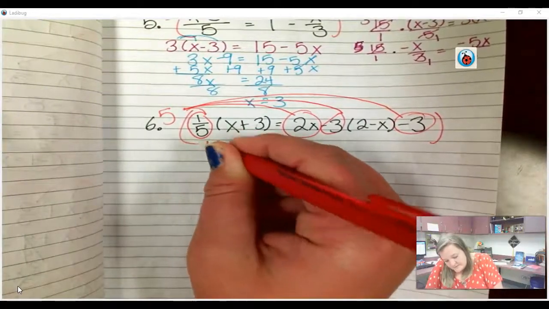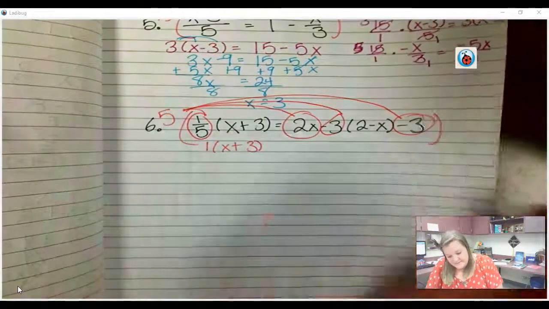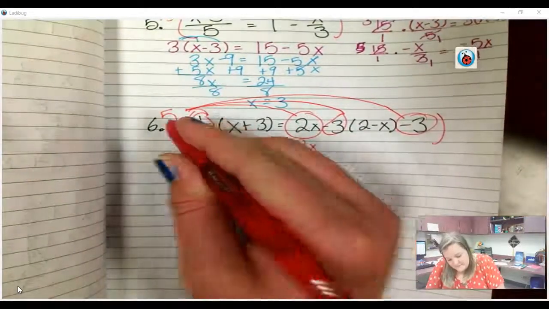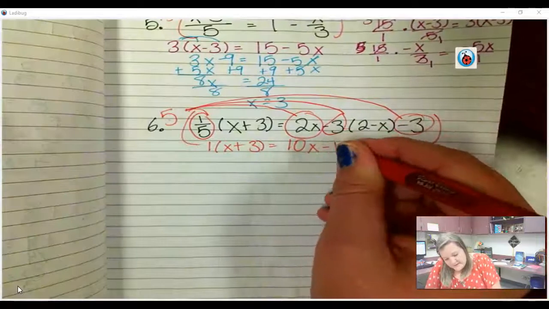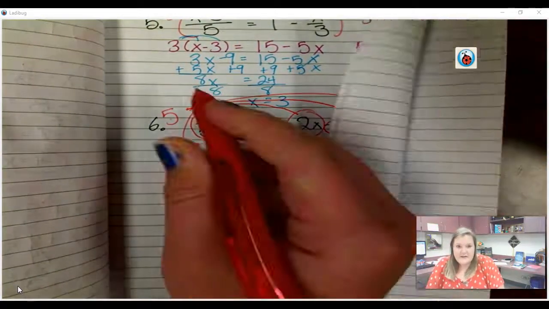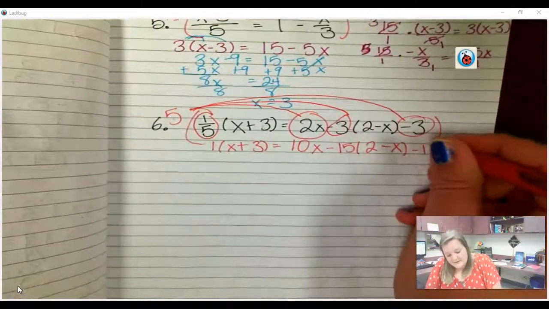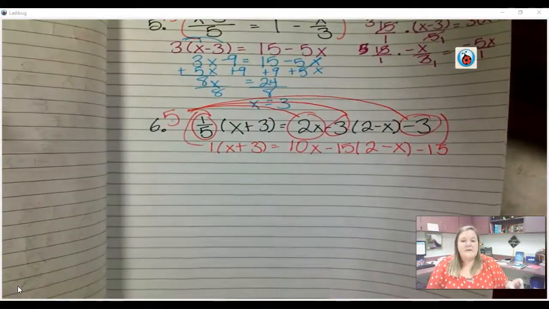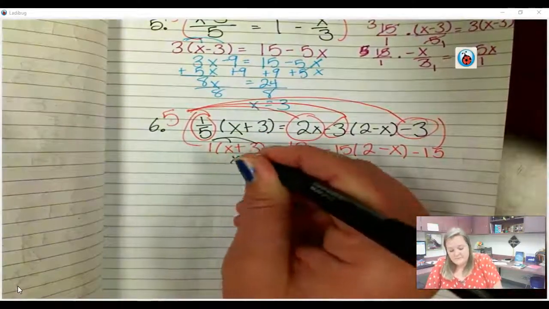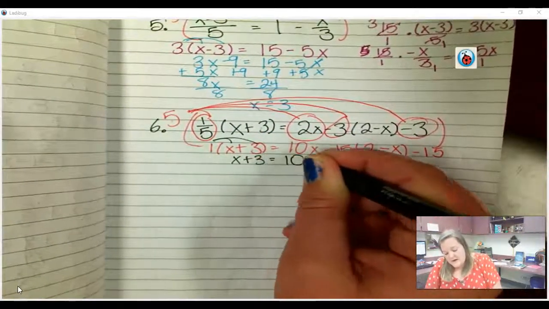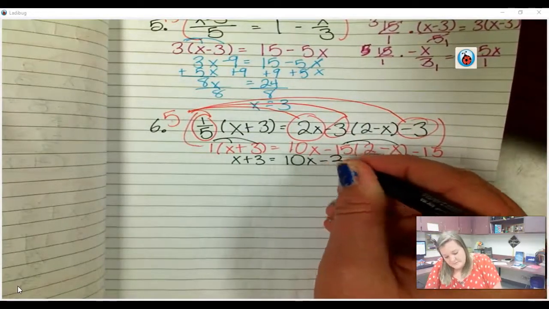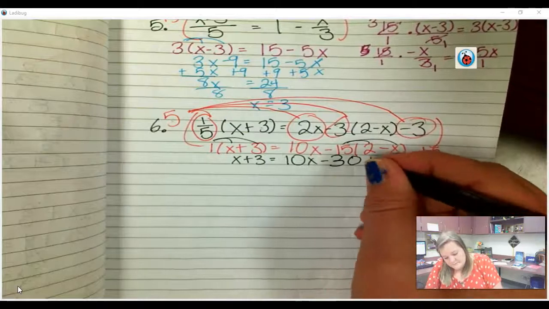So this becomes 1 times x plus 3 equals 5 times 2x is 10x. 5 times negative 3 is negative 15. And then I bring down the parentheses. 5 times negative 3 is negative 15. And then from here, you would get rid of your parentheses. And then eventually you would solve.